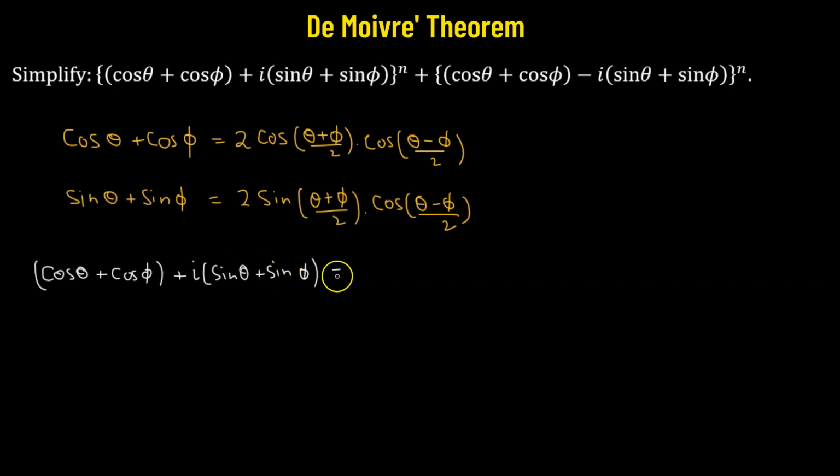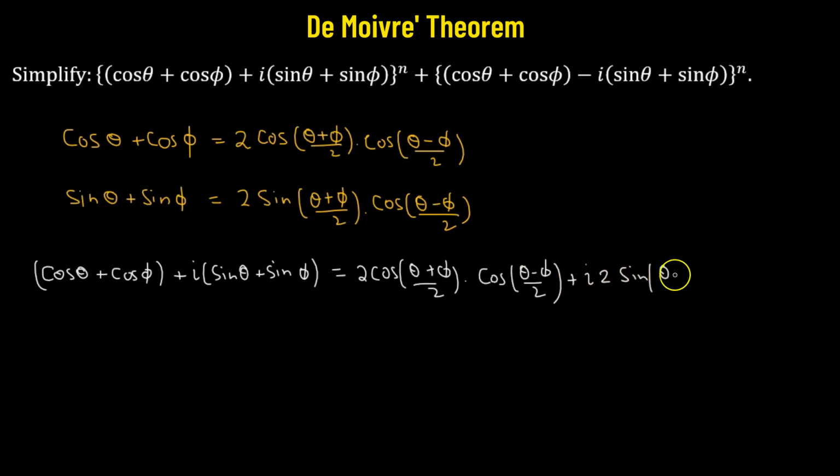So this will be equal to 2 times cosine of (theta plus phi) over 2 times cosine of (theta minus phi) over 2, added to iota times 2 times sine of (theta plus phi) over 2 times cosine of (theta minus phi) over 2.